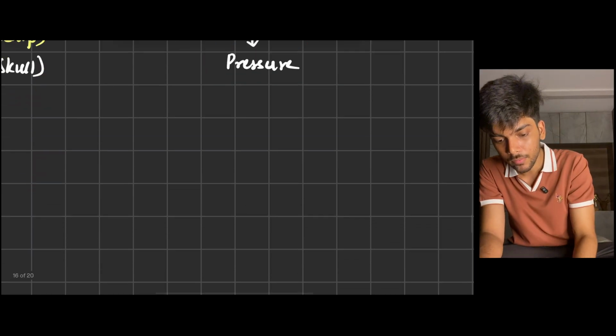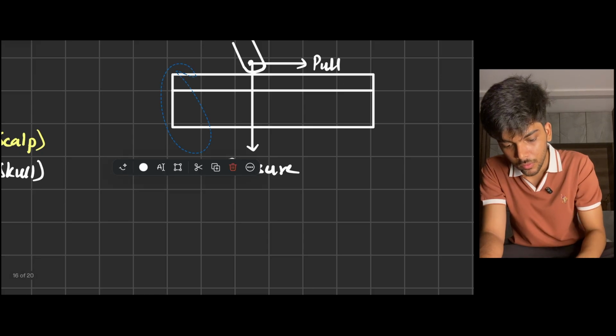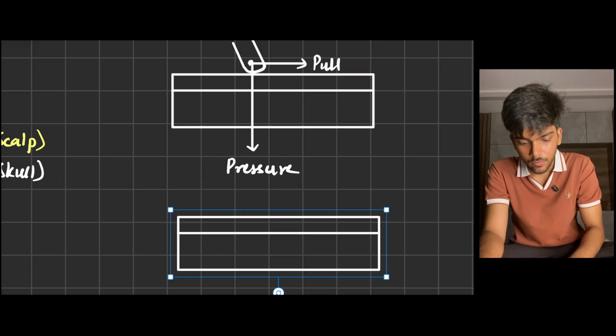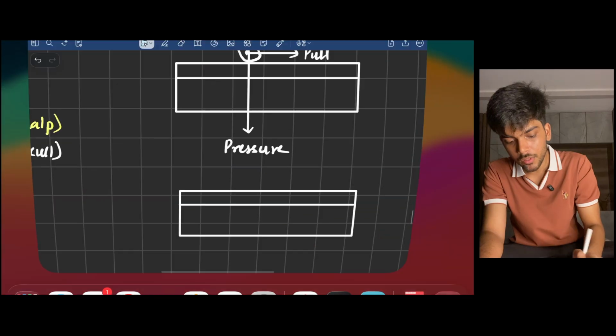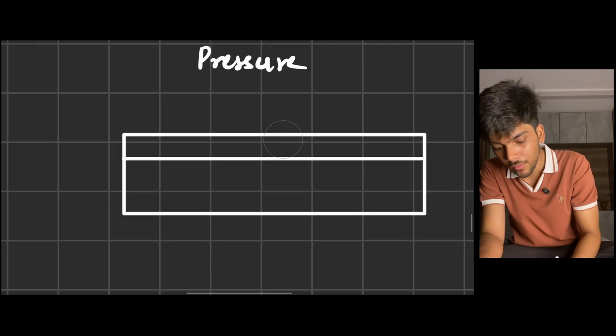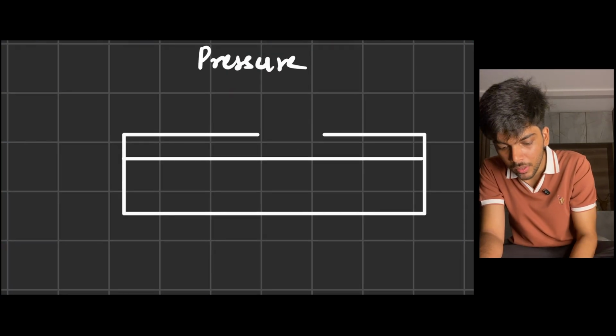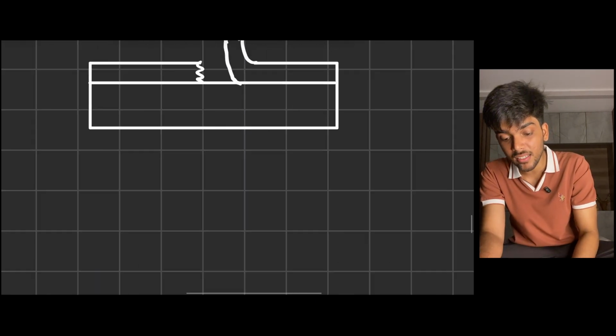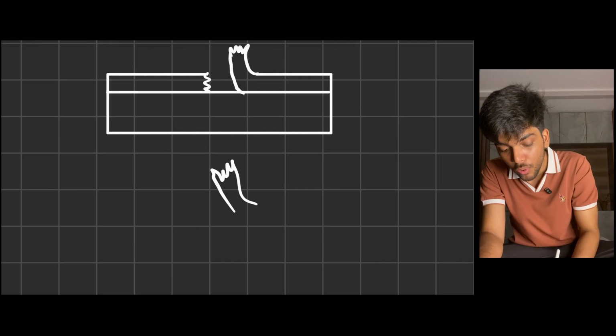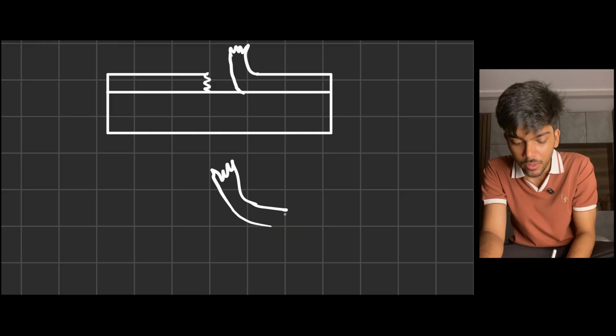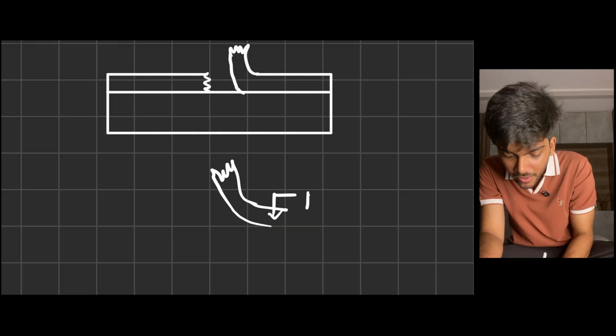As a result, a part of the skin gets pulled out. It gets pulled out like this, but is not completely detached. See, the part of the skin that has been pulled out is still attached to the base with the help of a pedicle.